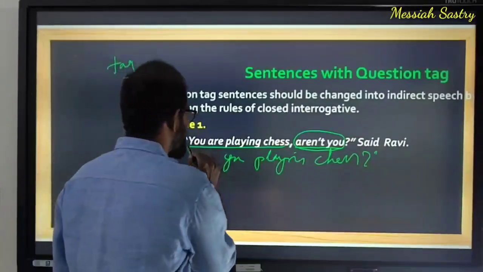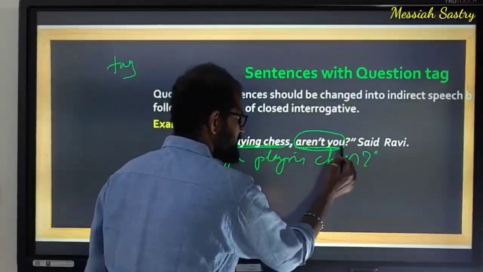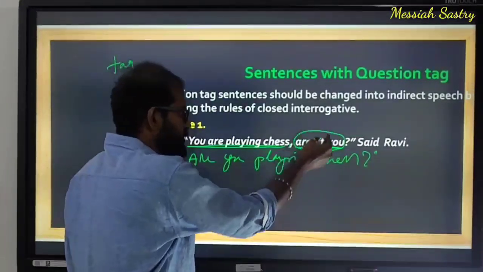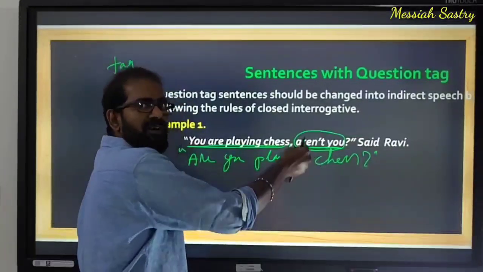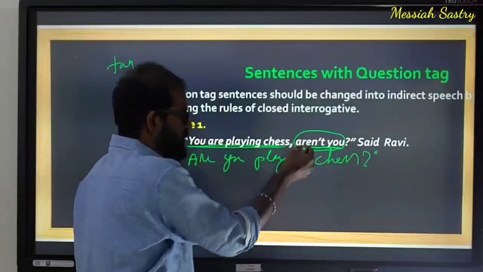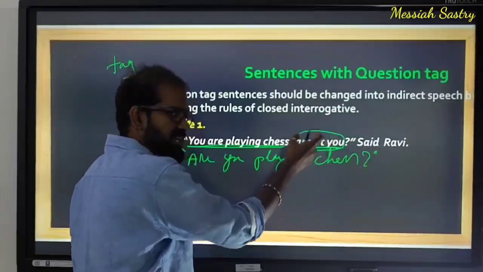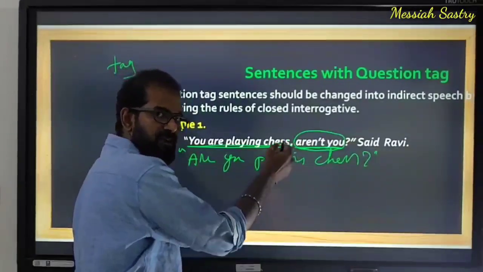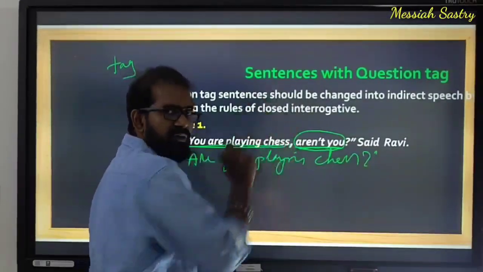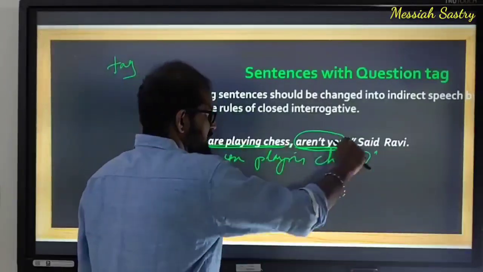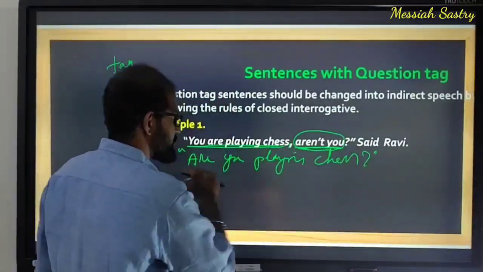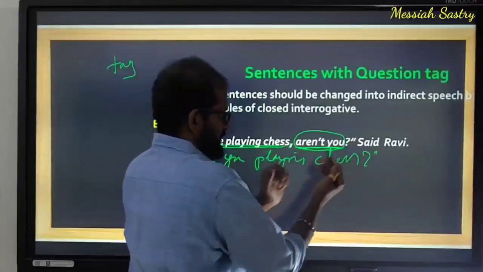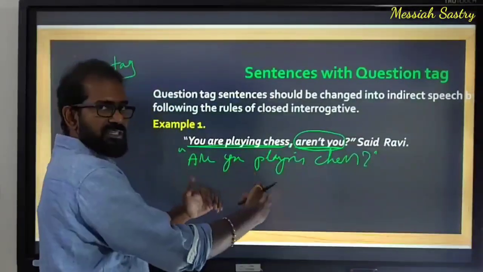So we just converted a question tag sentence into a closed interrogative sentence, because in order to change into indirect speech, we need to follow the rules of a closed interrogative sentence. Now it is easy for us to change into indirect.